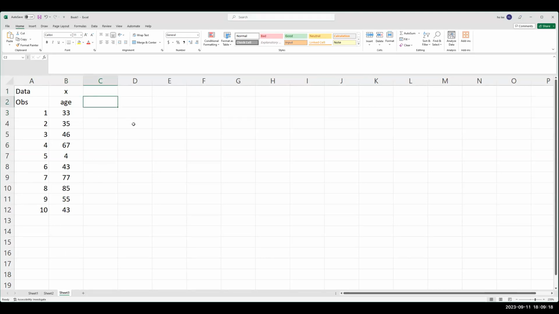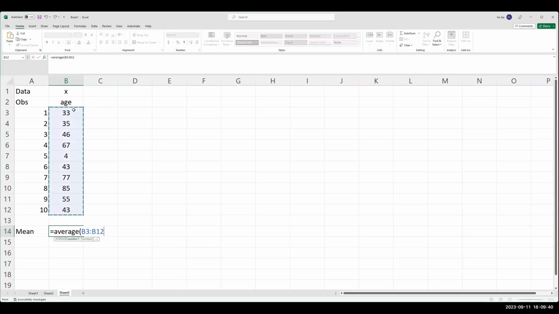So then to calculate the variance of this sample, we'll assume this is a sample of people in the United States and not the population. To calculate that, we need first the mean. Mean is equal to average.